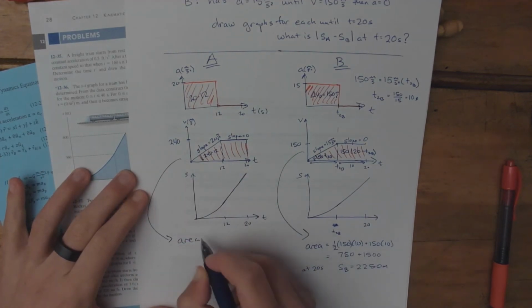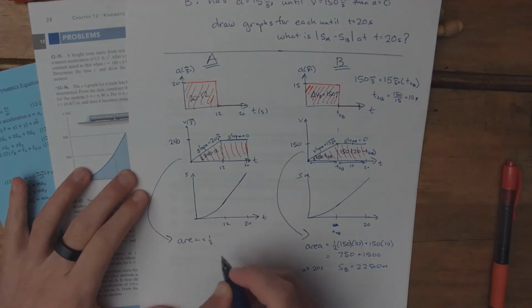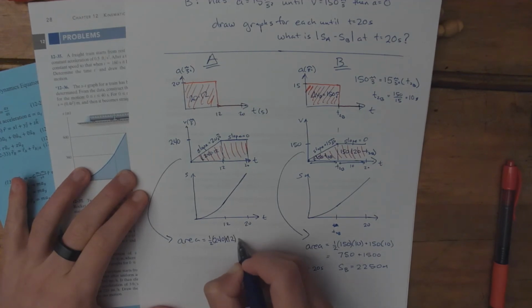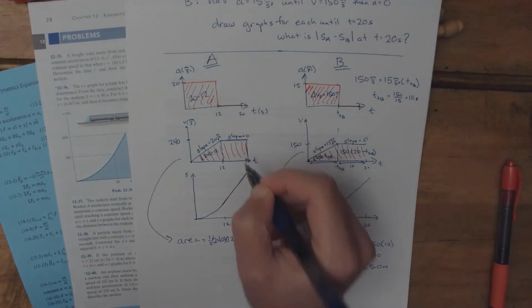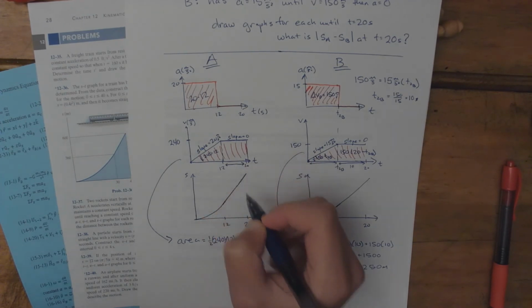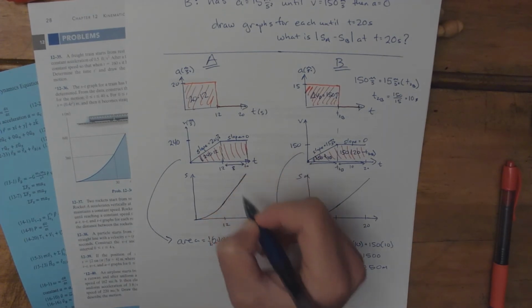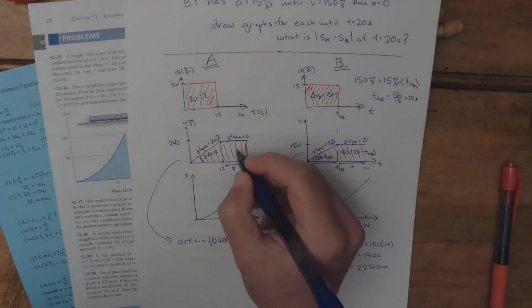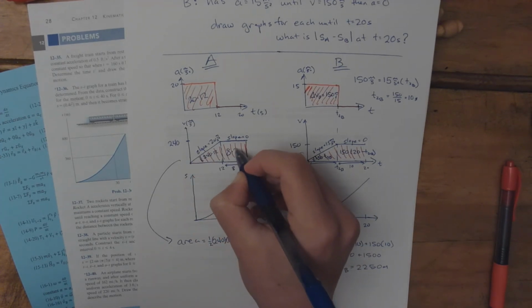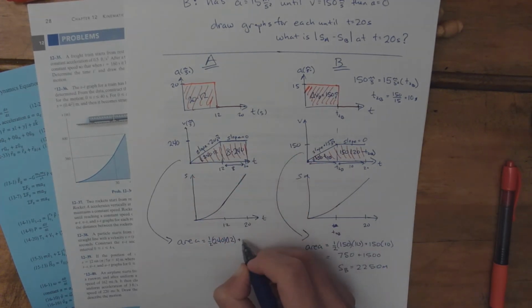Let's write that down here. The area is equal to 1/2 times 240 times 12 plus from here to here, that'd be 20 minus 12, that's 8 seconds, times 240, so this area is 8 times 240.